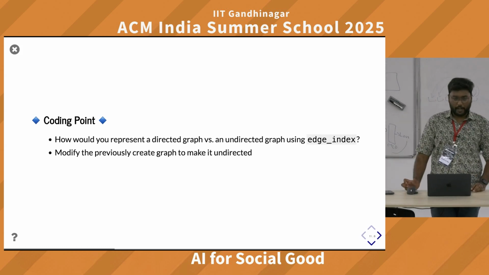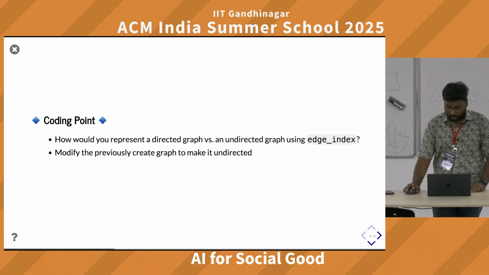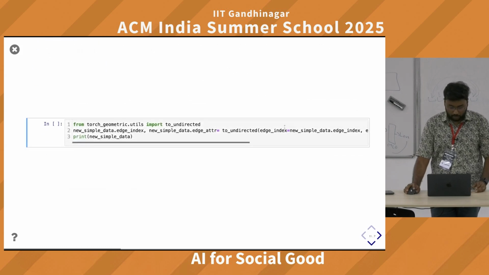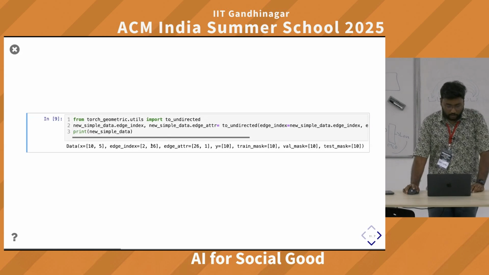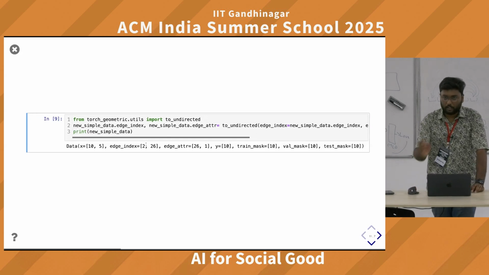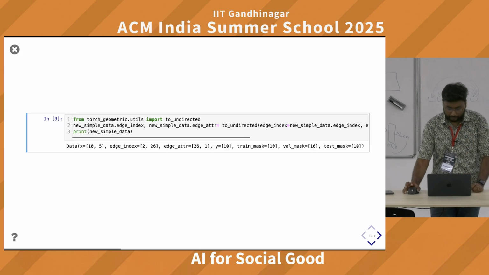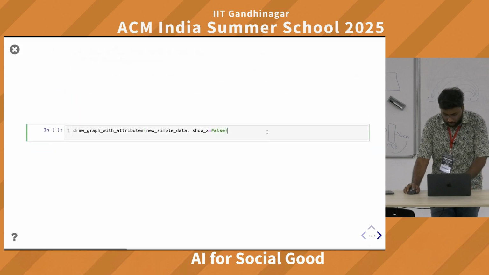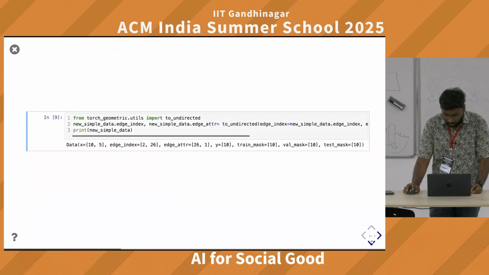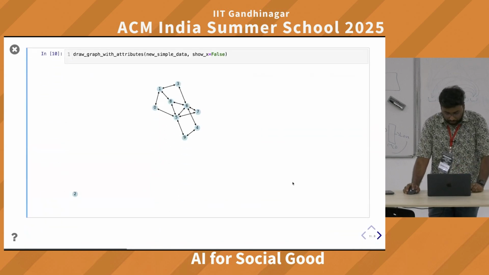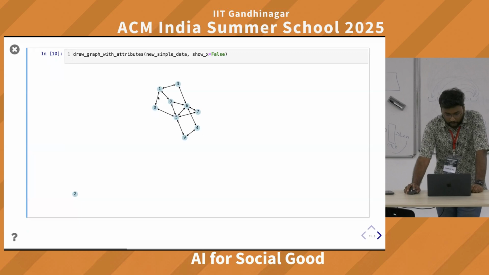That is ideally the case, but why do it by hand if you have a built-in package? The built-in function creates the edges that do not exist, so it increases the number of edges. If I print it now, it's basically an undirected graph. You can see the arrows are on both sides.